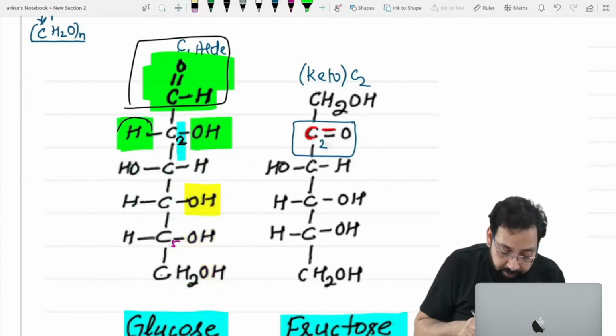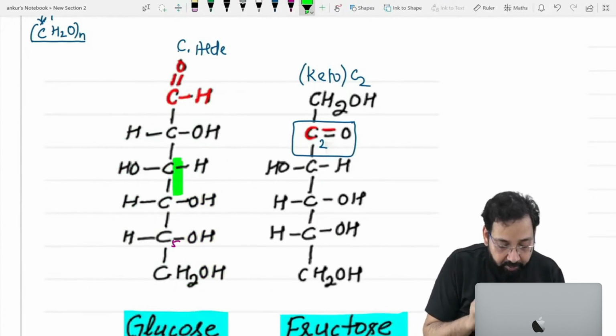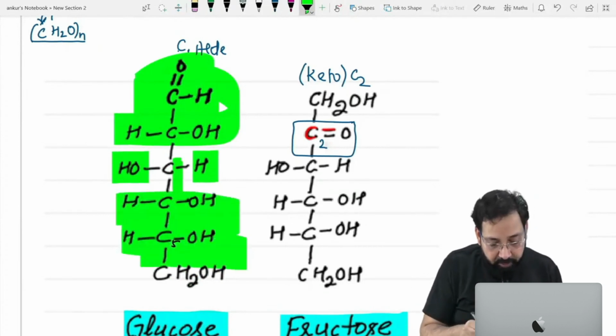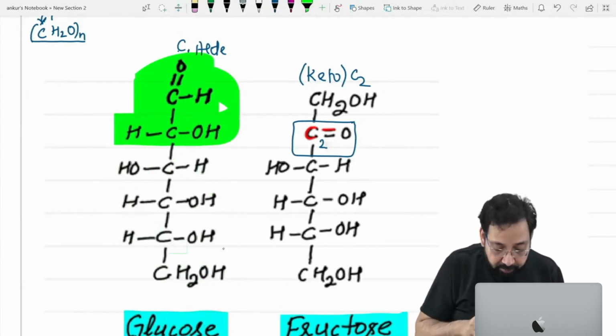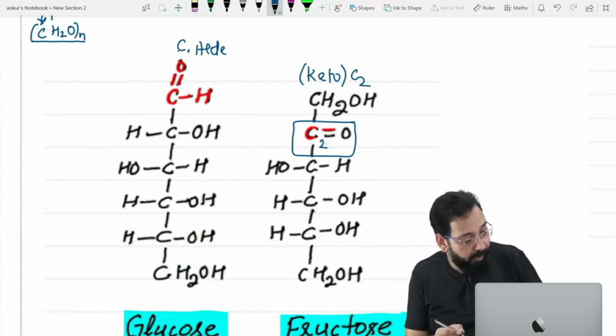C2 is asymmetric. C3 is also asymmetric. One group is H, second is OH, third has CHO, fourth is this. Even if you don't remember why, have an idea.